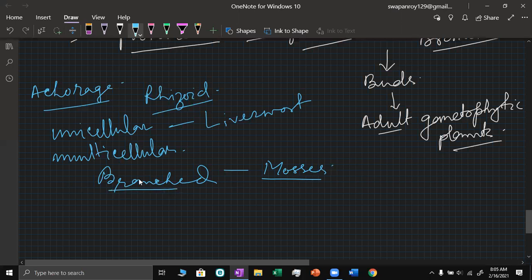So there is a little bit of difference in the structure of the rhizoids. The economic importance of these plants is very little, but ecologically they are important.